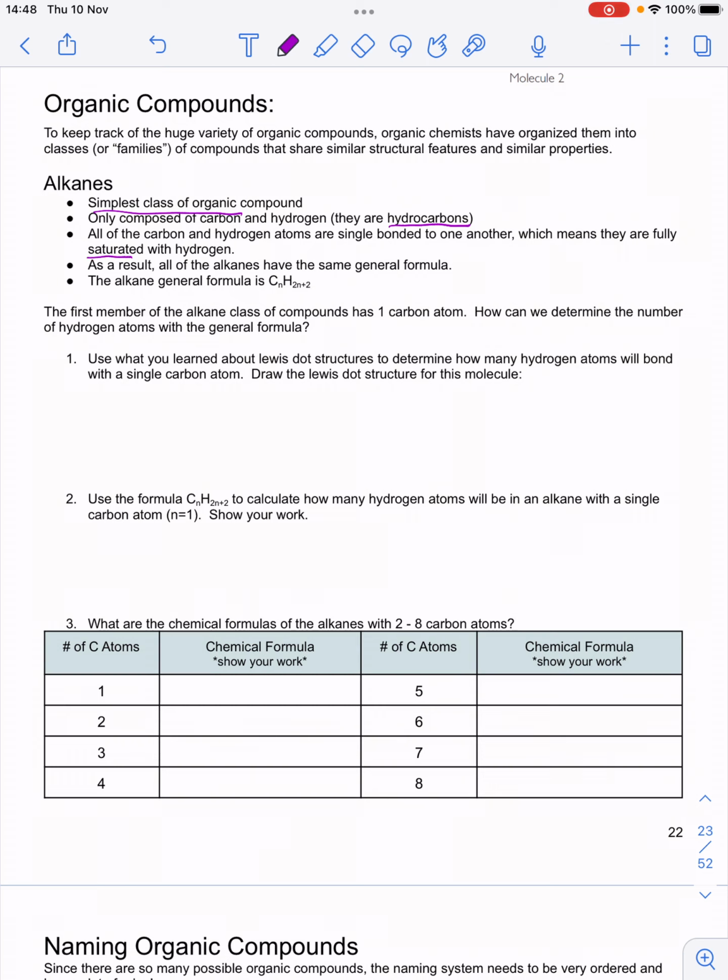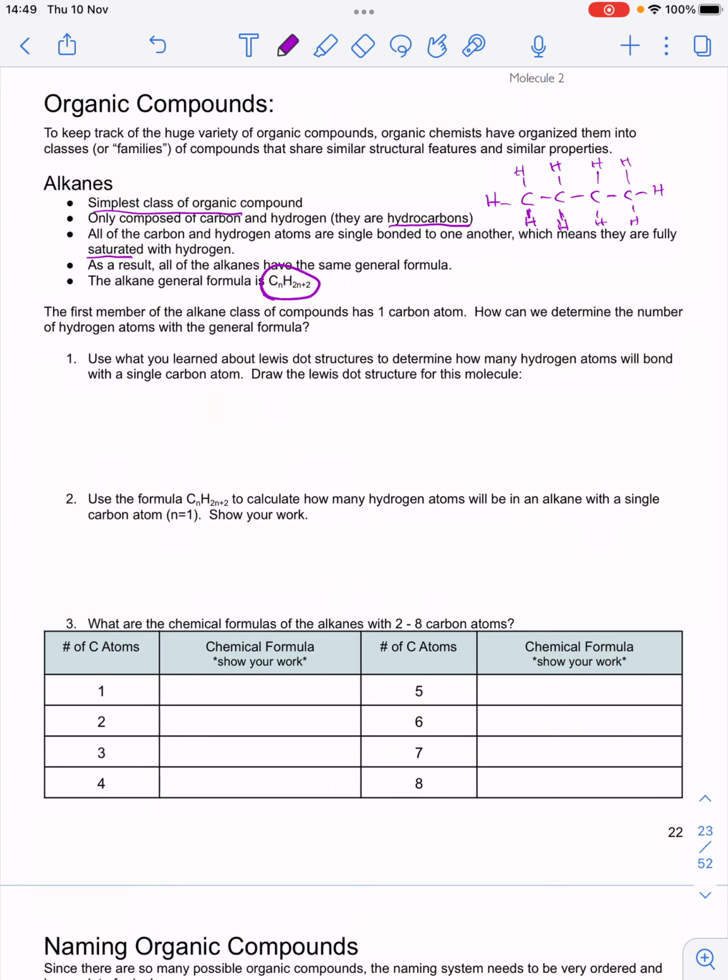That word in this context means that the carbons are all single bonded so that they have as many hydrogens attached to them as possible. So every location around the carbons is taken up by hydrogen atoms. And so in chemistry, we say that this molecule is fully saturated because it has as many hydrogen atoms as possible.